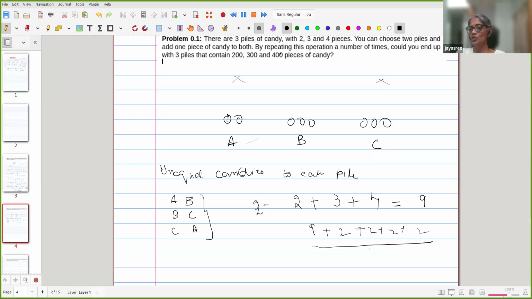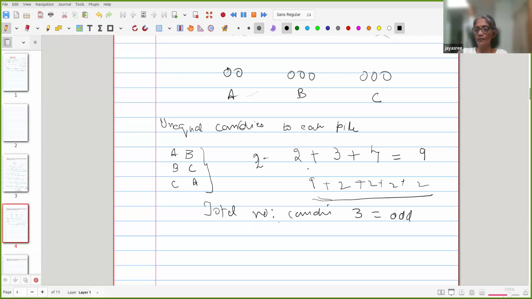So always the total number of candies in the 3 piles has to be odd, because you're starting with an odd number and you're adding 2 at each step. So if it were possible to end with 200 plus 300 plus 400, this sum would be 900, which is an even number. It can never reach an even number, which is what Shraddha and Sandhya said.